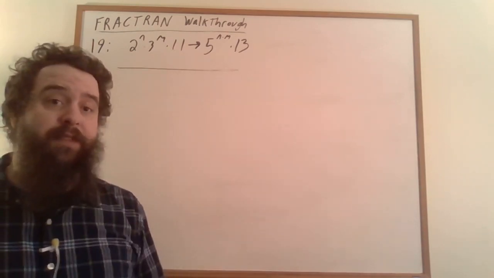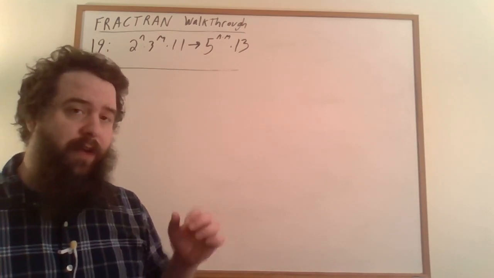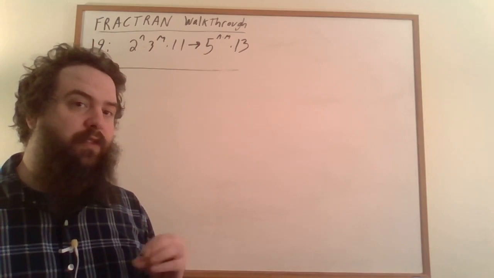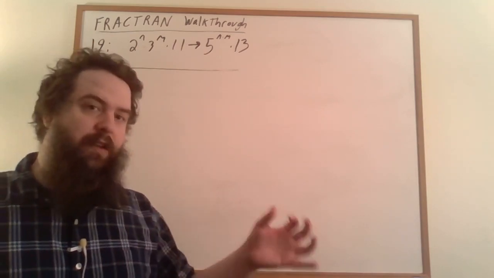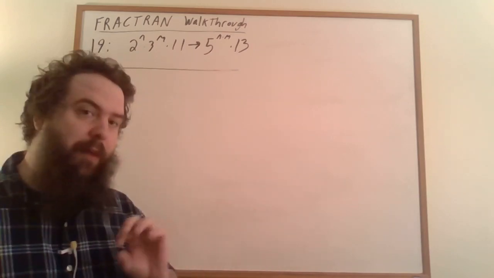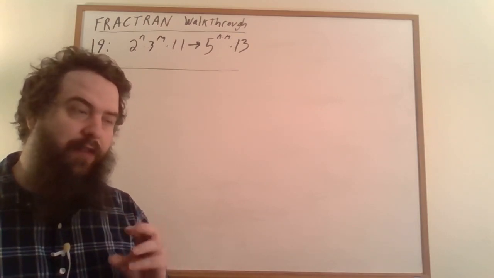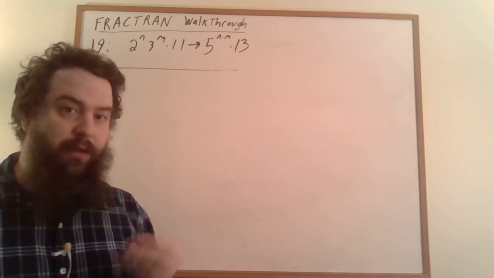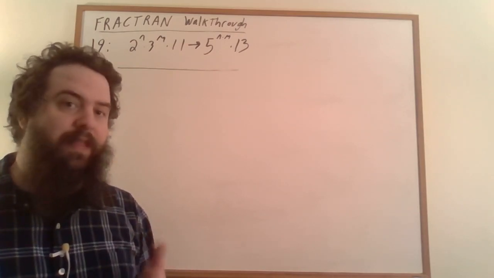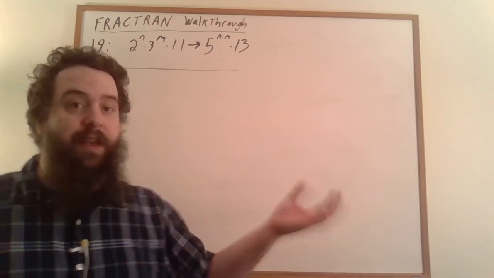But luckily we can fix that. We've seen before how we can take the value in a particular register and copy it. And a big part of programming in FRACTRAN is taking the value in a register and duplicating it so that we have the value stored in a safe place, so that when we modify the original register, because operations within FRACTRAN require modifying the values in registers in order to get any sense of what value is in there, we can then restore that value because we have a saved copy of it.